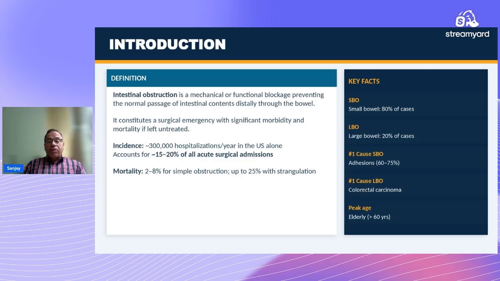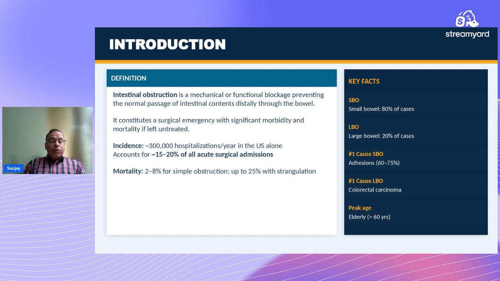The number one cause of small bowel obstruction worldwide remains and will be post-op adhesions. Now, these adhesions usually are post-operative, but they can also occur as features of congenital bands and congenital adhesions. Together, these adhesions constitute almost 60 to 75% of cases of small bowel obstruction.